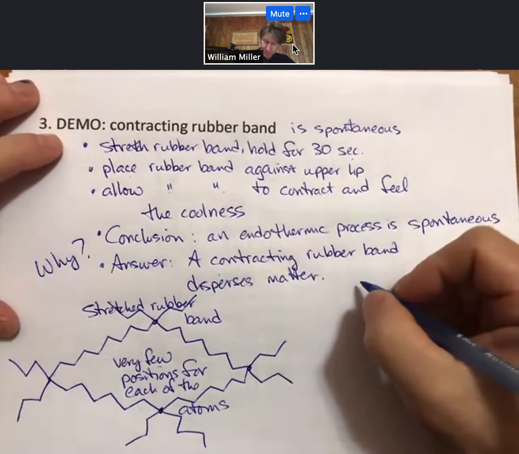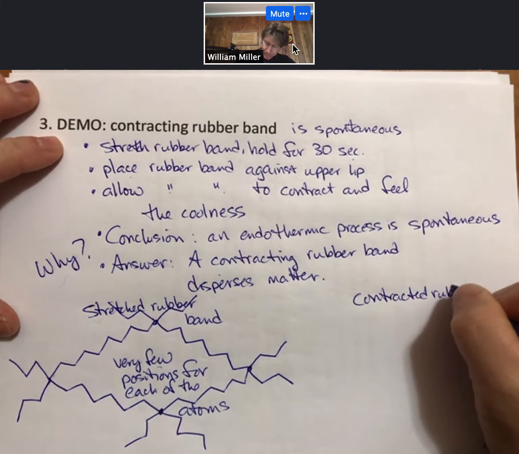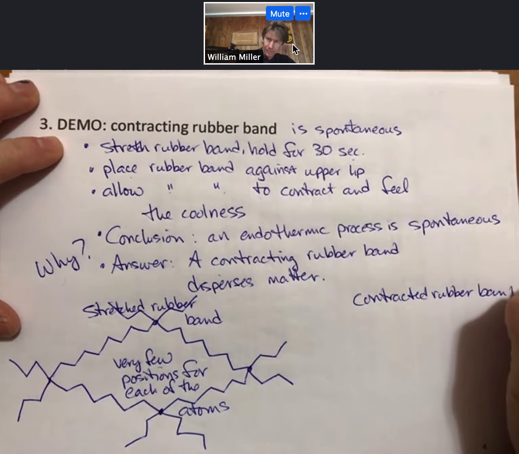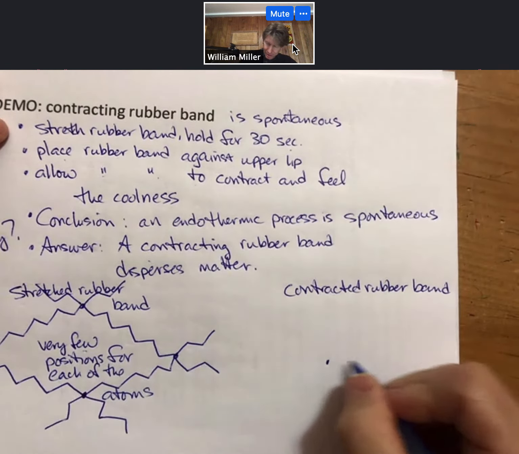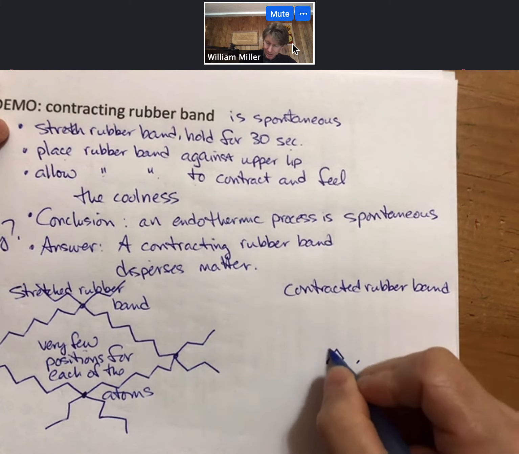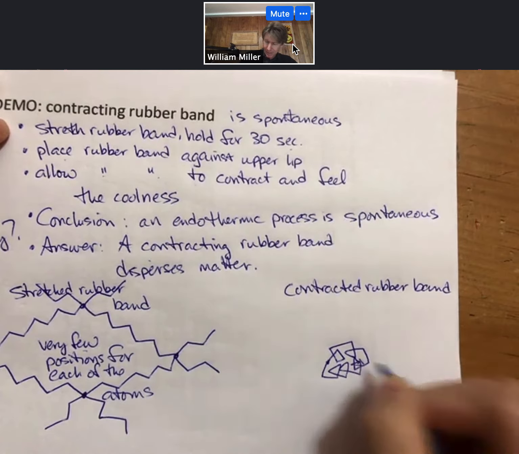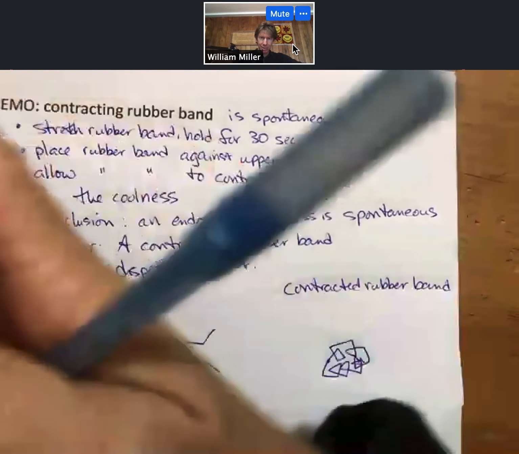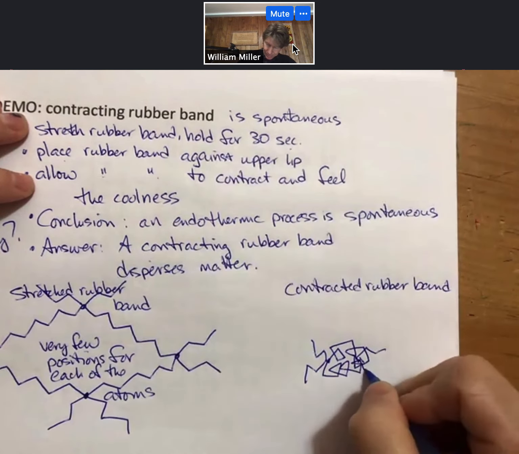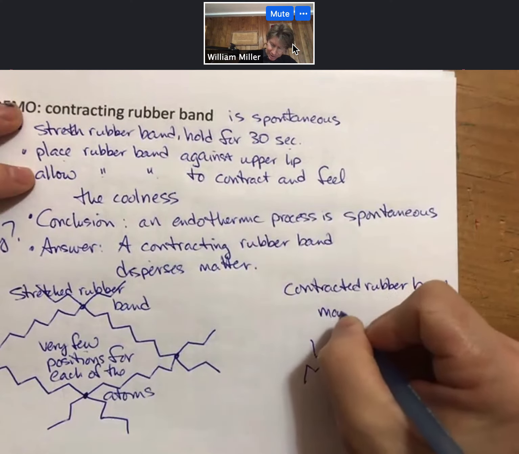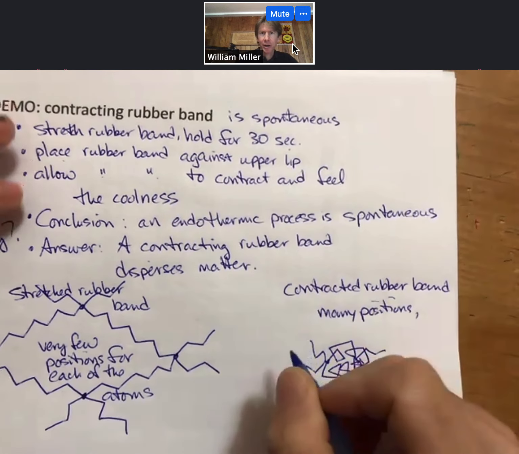And then a contracted rubber band: these move much closer together, and the rubber band pieces look more or less all disordered, and there are lots of ways in which they can tangle and untangle. So many positions, very tangled.